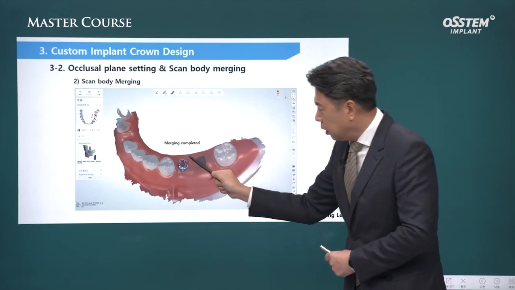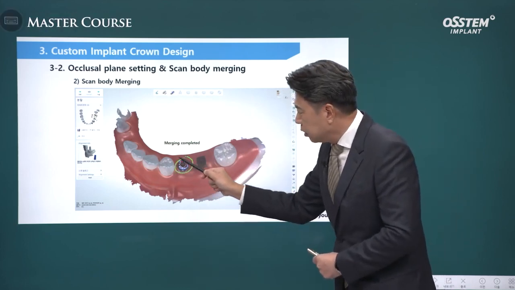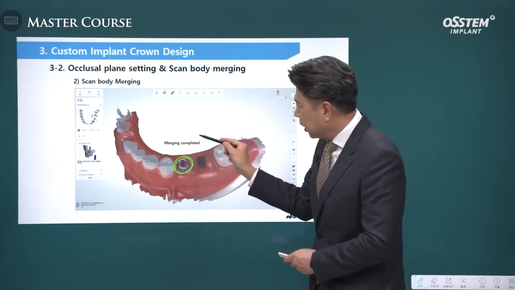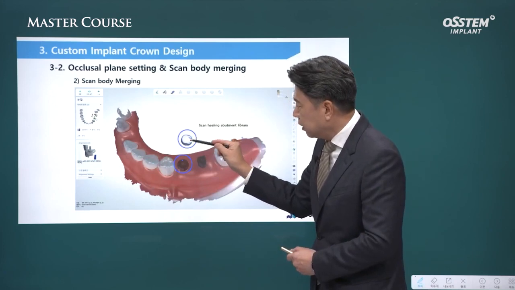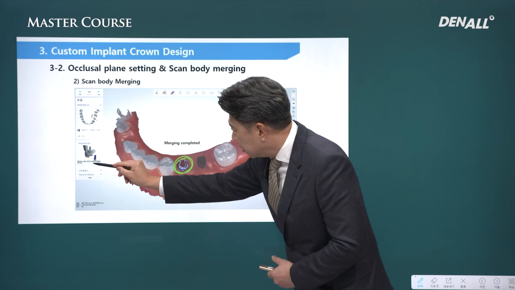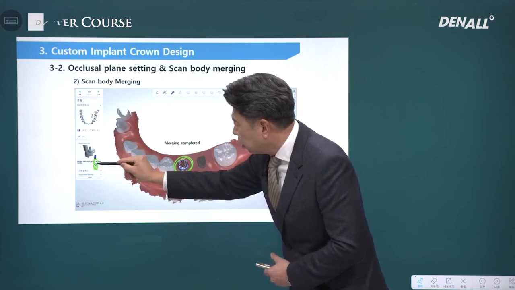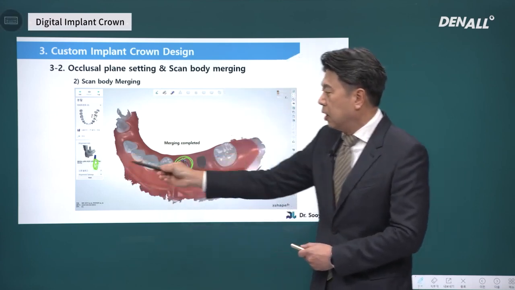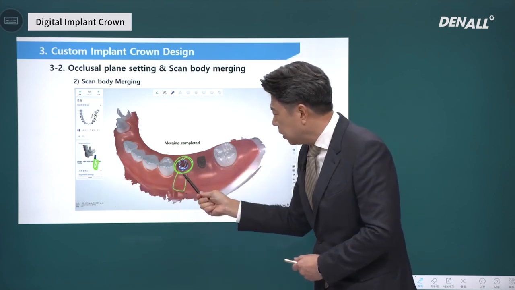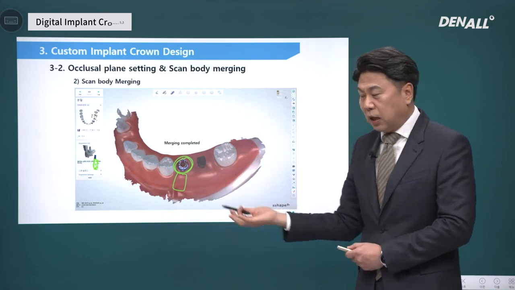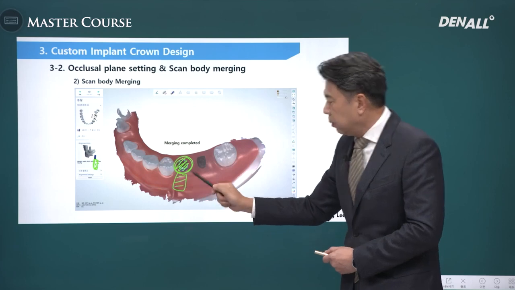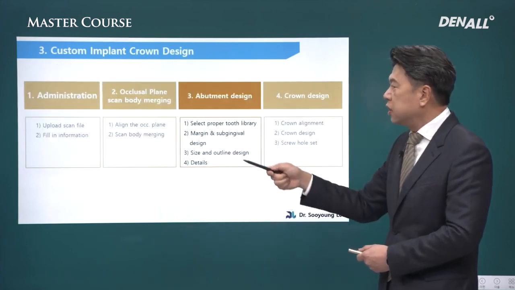The visible parts are matched, but the scan body data, which appeared before in the library, has the implant information hanging below, which is not visible. So when this is merged, the implant information is automatically attached here. If you erase here, only the implant information remains. That is the process of merging.